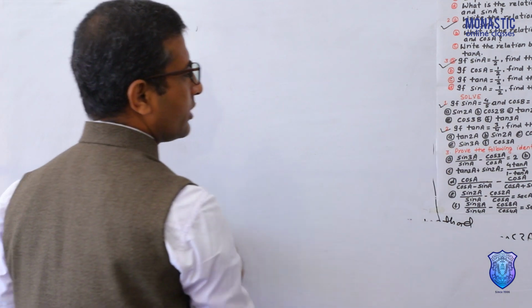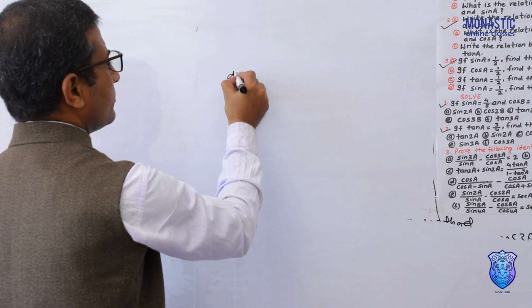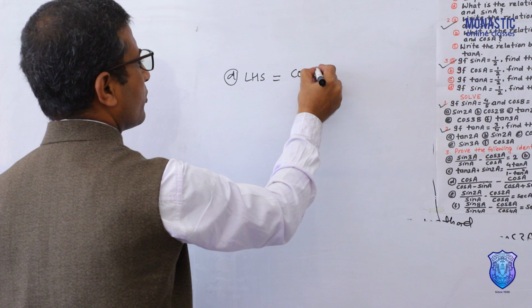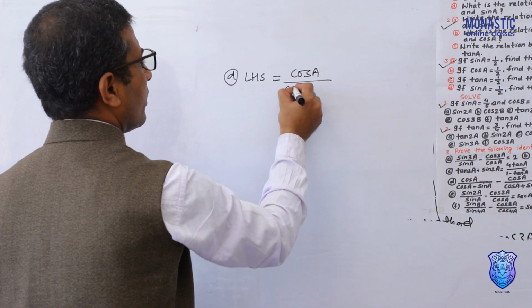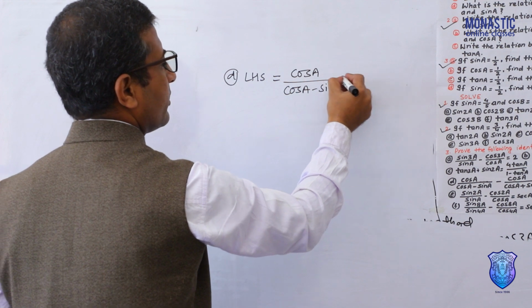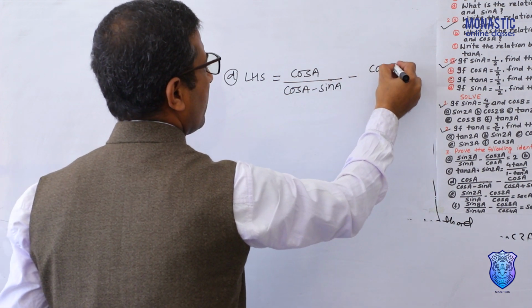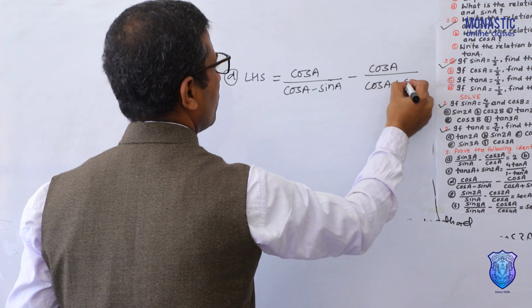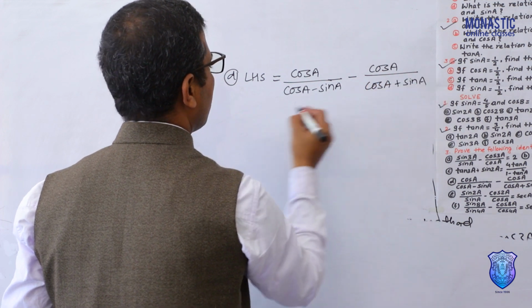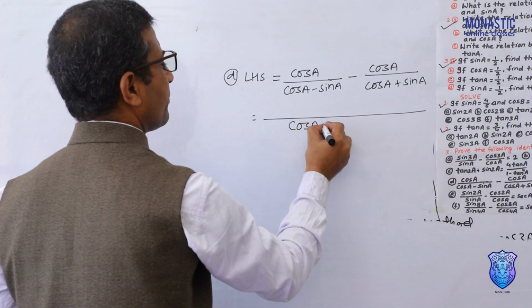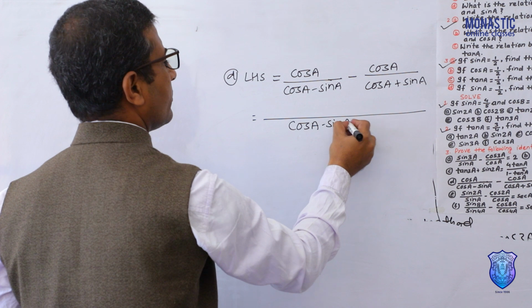Now come to question number D. When you are solving this type of question, we must know the simplification, and whatever you can simplify, you must do. Then look at which formula can be applied there. Apply the formula and solve.